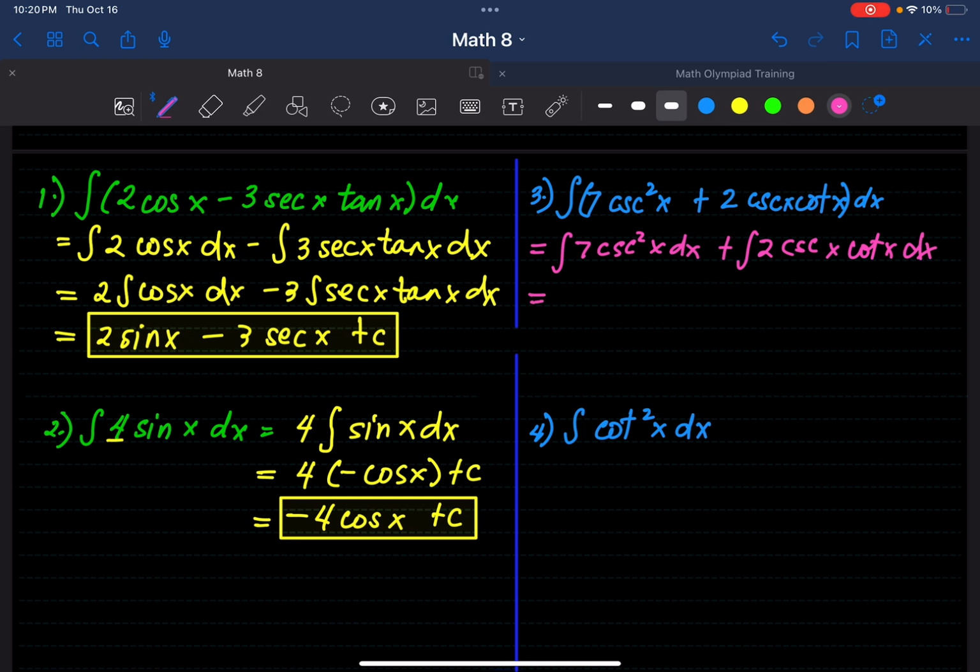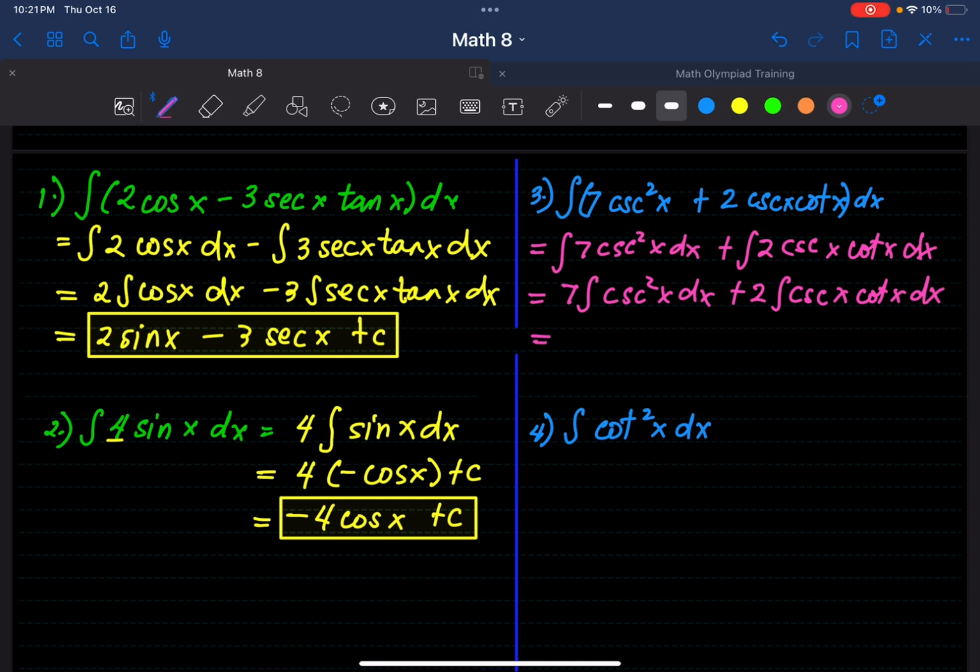Then, the coefficient can be written before the integral symbol. So we have 7 integral of cosecant squared x dx plus 2 integral of cosecant x cotangent x dx.